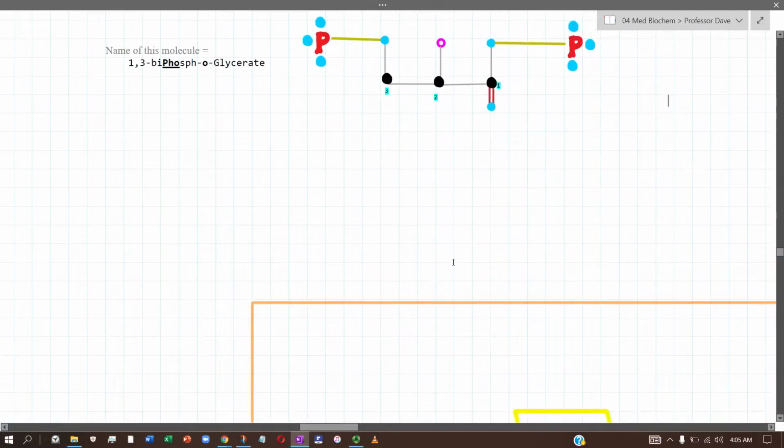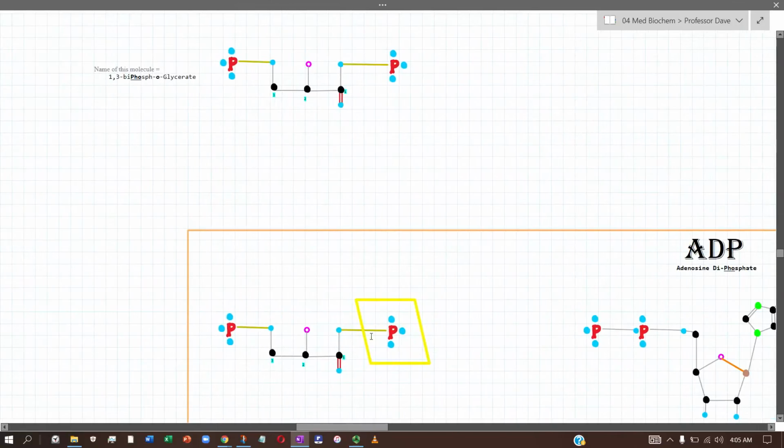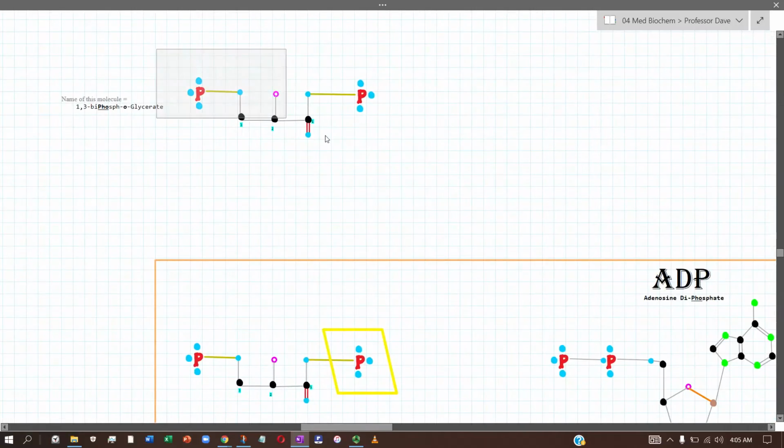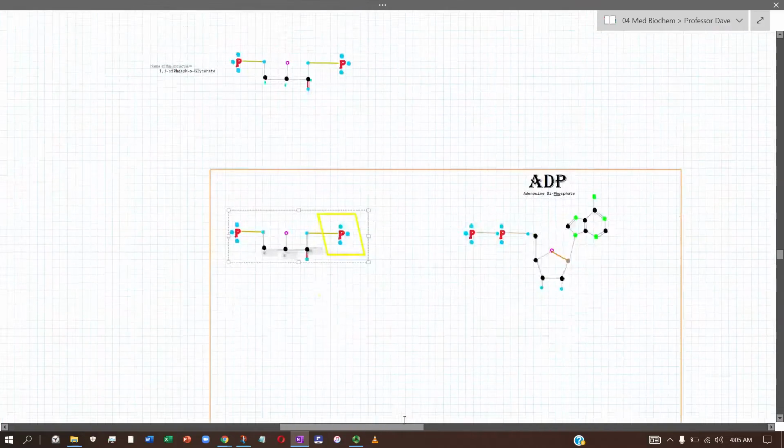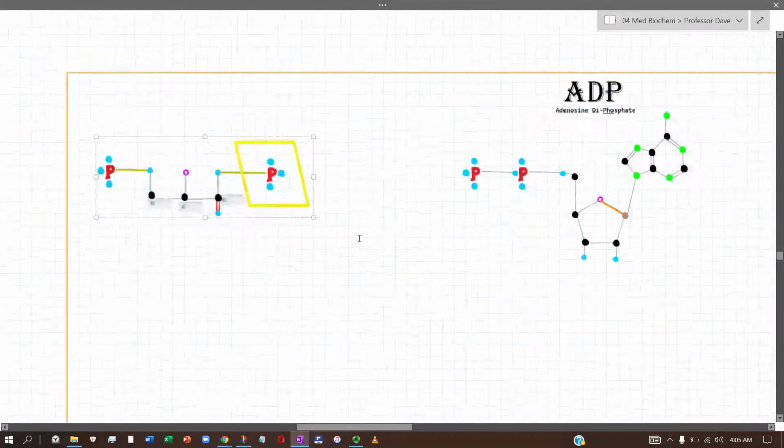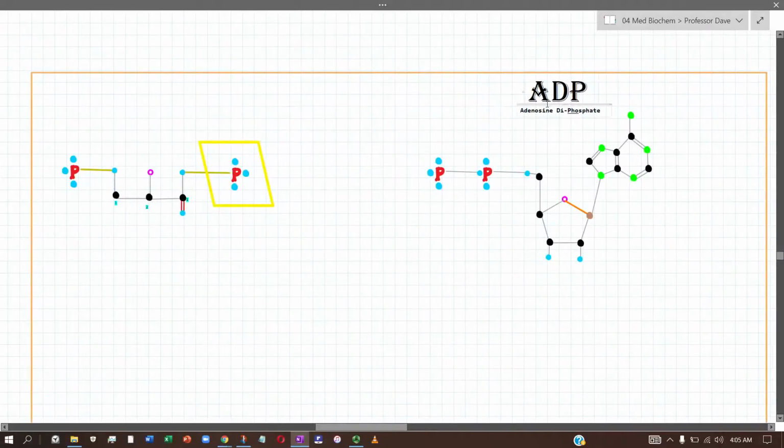What happens next? Well, this is drawn exactly the same as on top and below. Within this orange box is the next step. There's an ADP just floating around in the cytoplasm. Remember, all this is happening in the cytoplasm.